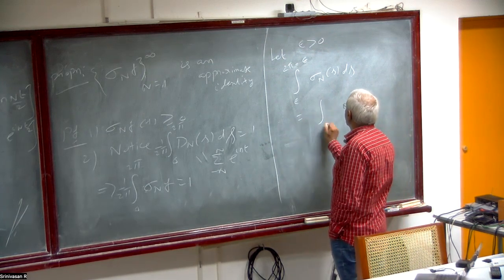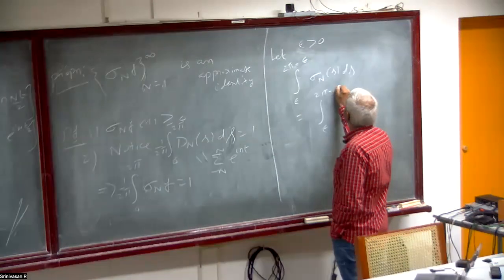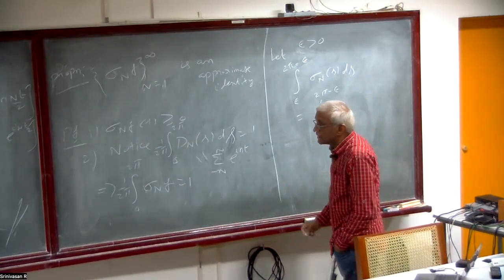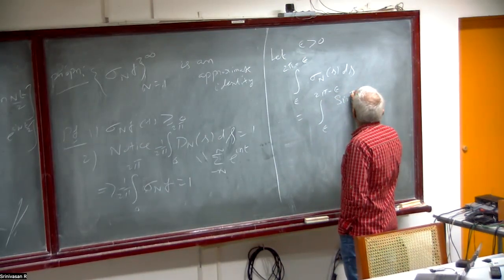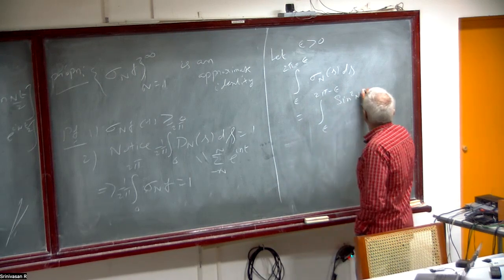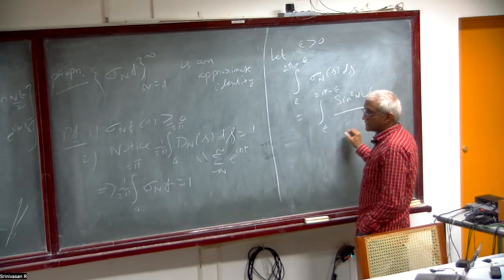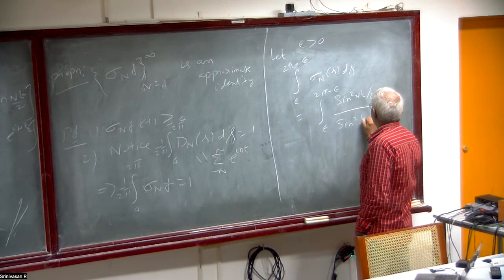So it's equal to what? Epsilon to 2 pi minus epsilon. What do we have? We have sine square n t by 2 over sine square t by 2.